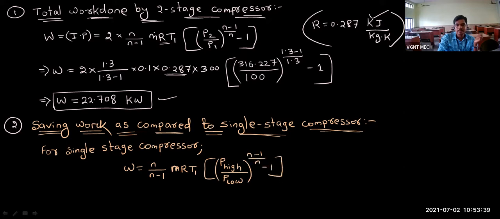So like this we will write the formula. Pressure ratio we are taking as high pressure by low pressure. That implies the work done for a single stage compressor equals n, the value is the same, 1.3, divided by (1.3 minus 1) into the mass flow rate.